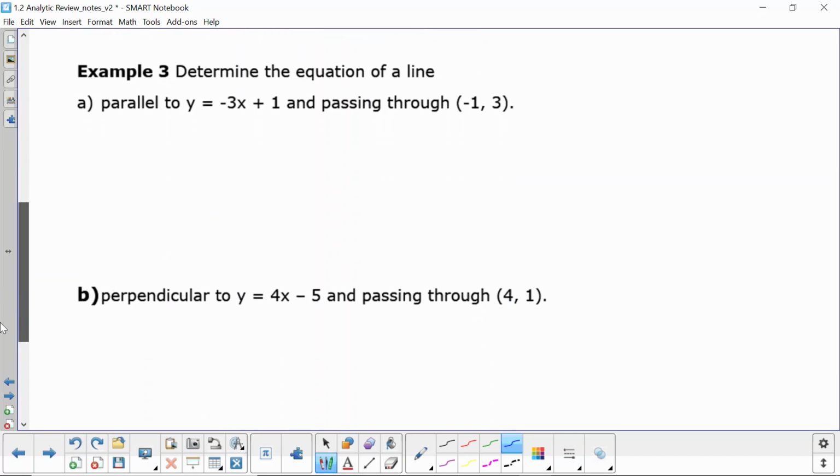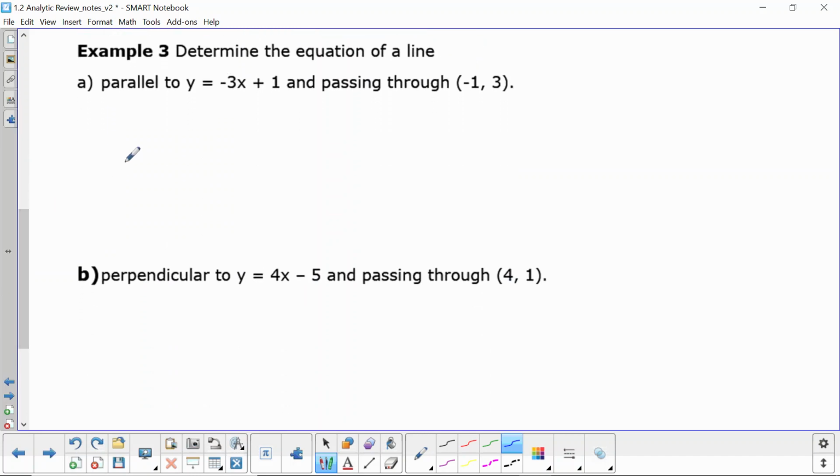The example 3. You will see determine the equation of a line. So we know determine an equation of a line, it means you need to find the slope, then find the b value. So if parallel to this line, then we know the slope will be same as this line.